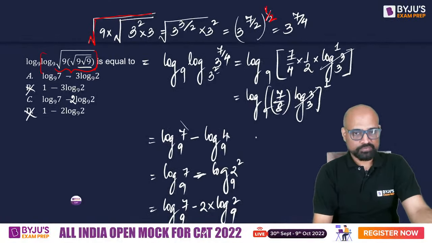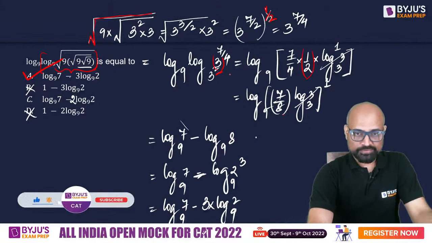So we will have log 7 to the base 9 minus 3 log 2 to the base 9. That will result in option A actually. Excuse me, so this power of the base that I missed. So we will have that 1 by 2 also coming in, and we already have 3 to the power 7 by 4. Right? Okay. So I missed that part.